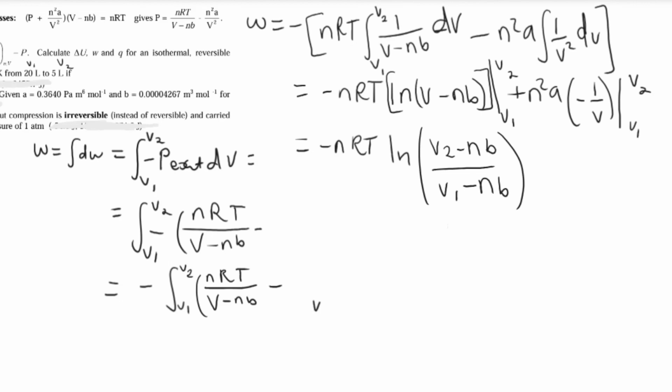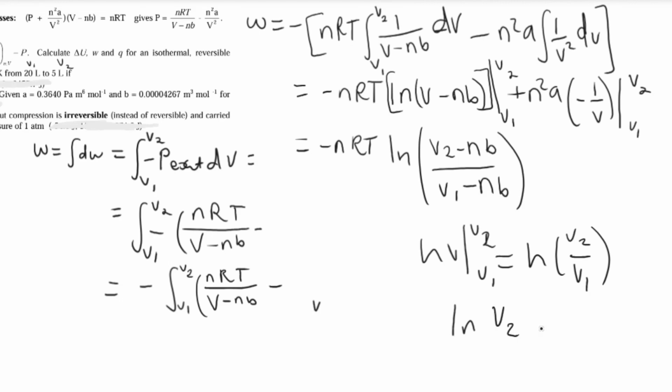We know that ln of V, for example the simple ones without these nb's, evaluated from V1 to V2, is equivalent to ln of V2 over V1, because we have ln of V2 minus ln of V1. So subtraction of the ln is the ln of the quotient of whatever you are subtracting. Natural log laws allow us to do that. So that's what happened with this one as well.